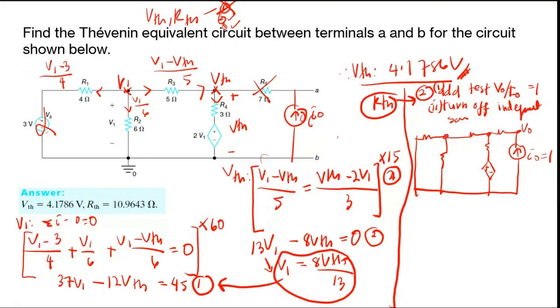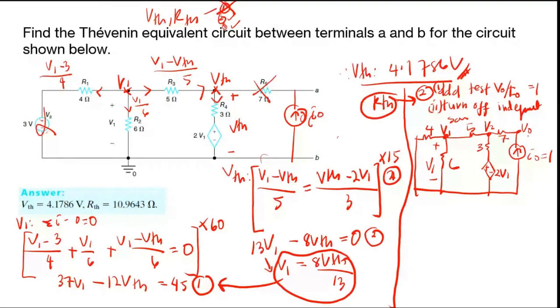Let's say here is 2V1, this is 7, this is 3, 5, 4, and 6, and this is your V1. Here it's easy if you first find the voltage here, which is V1. Let's say this is V1 and this is V2 here, and then you can calculate the value for V naught.